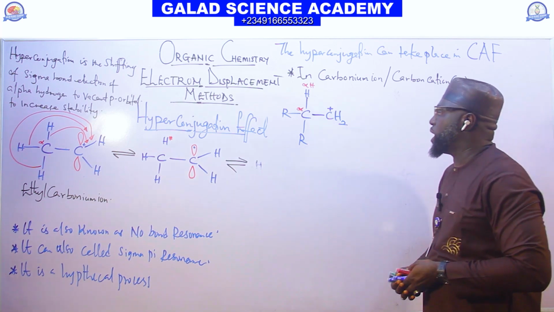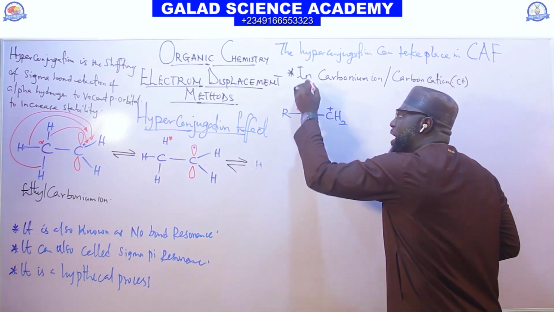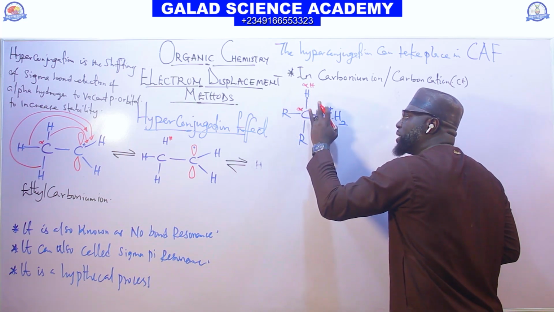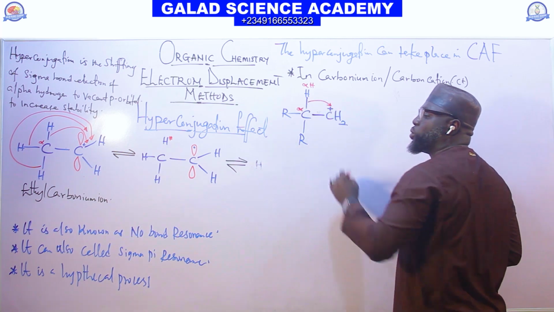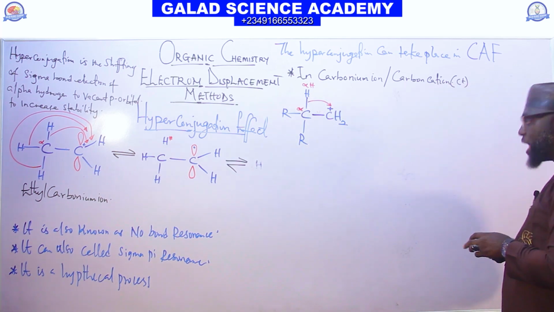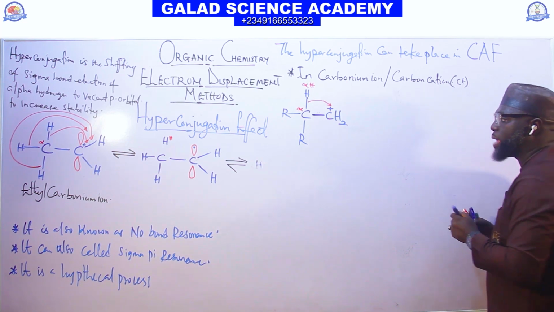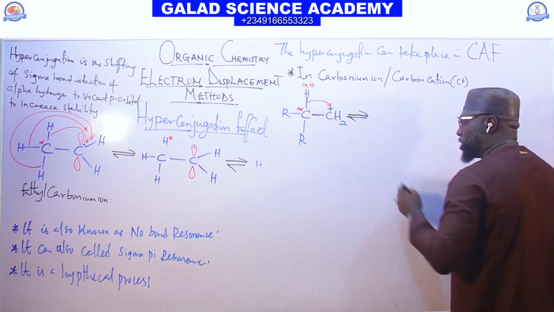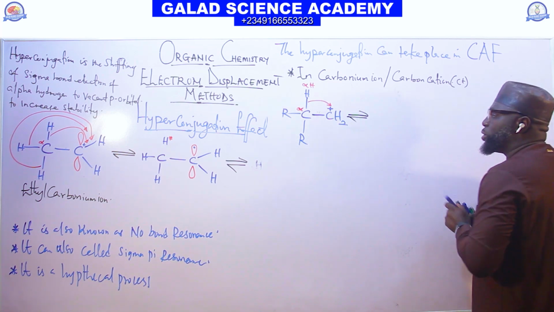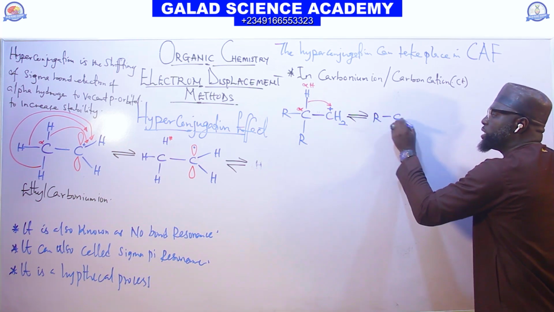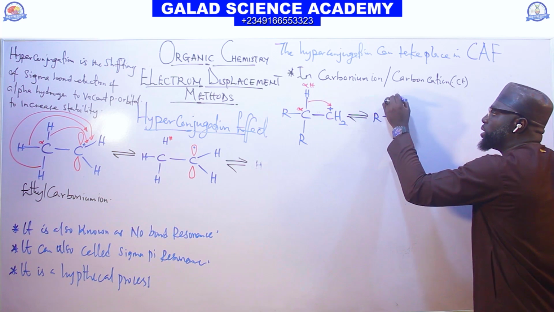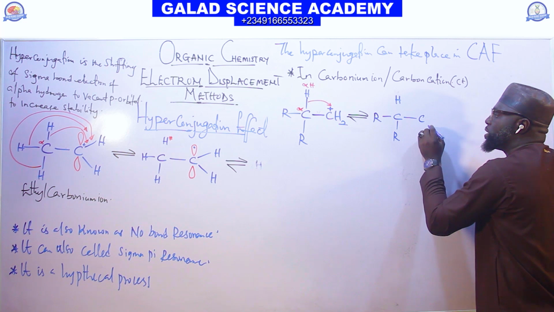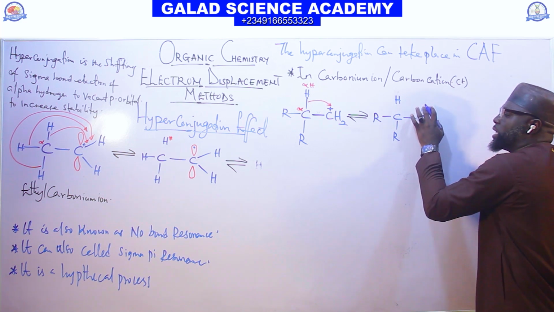So let's do this one now. What happened? This alpha hydrogen shifts its sigma bond electrons to this empty p orbital. It is a reversible reaction. So here I'm going to have the alkene group with carbon, and we have the empty hydrogen. This C is already there.